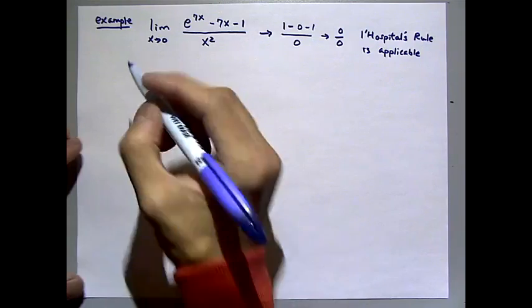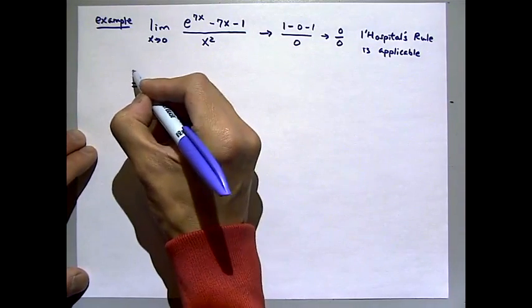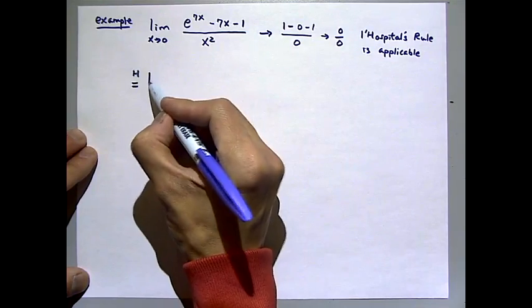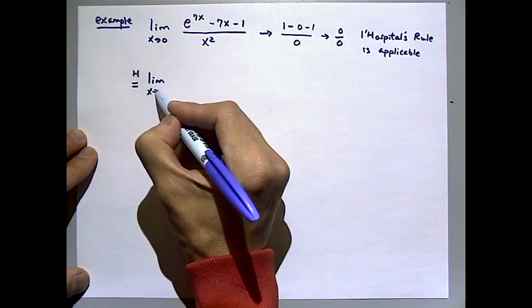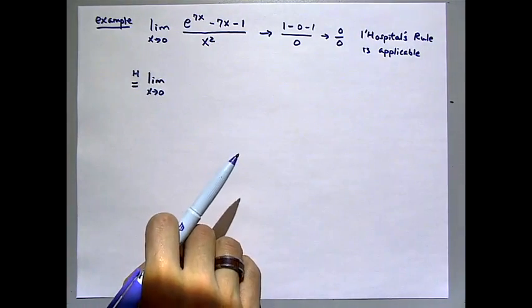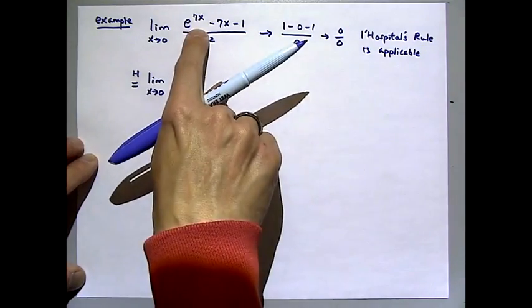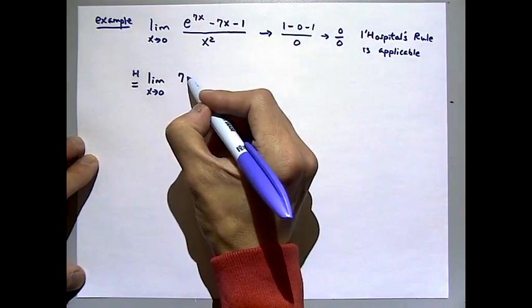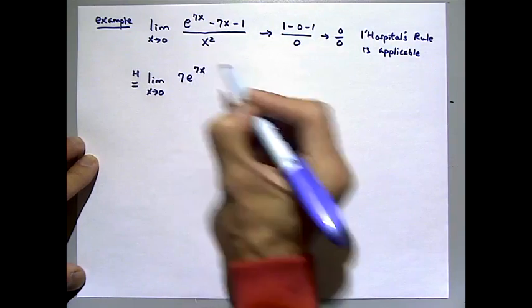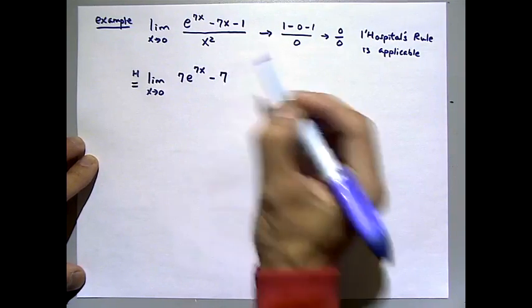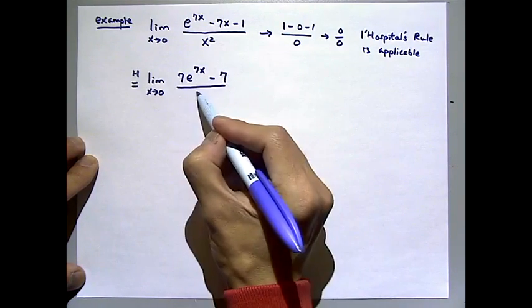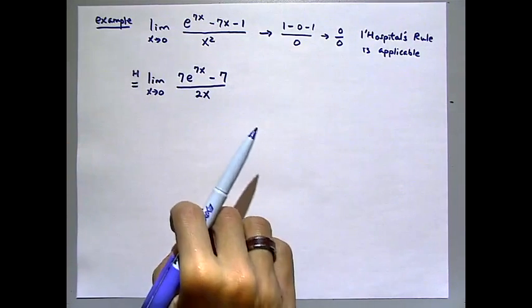Okay, let's see what happens. Now we apply the rule, little h denoting that's what we did. We take the derivative up and down. This guy will give me 7 e to the 7x minus 7. Downstairs is 2x.